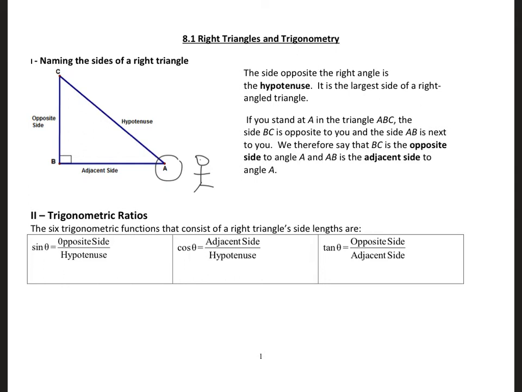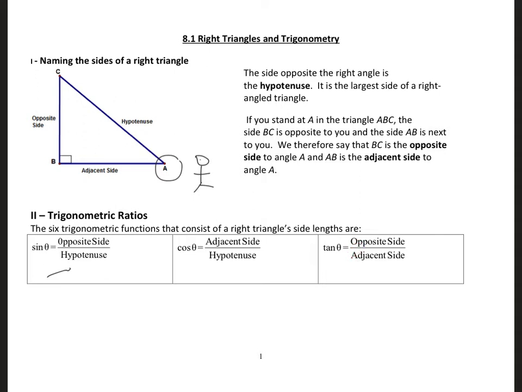When you're looking at the sine, you use opposite over hypotenuse. The cosine is given by adjacent over hypotenuse. And then tan is given by opposite over adjacent.